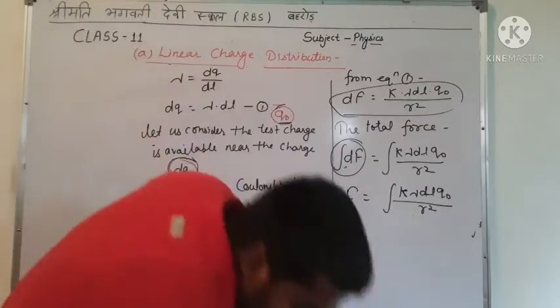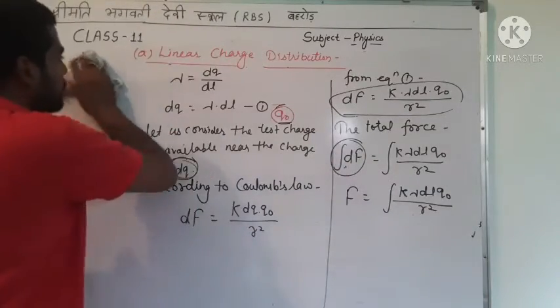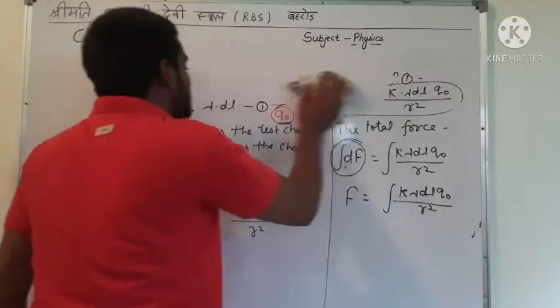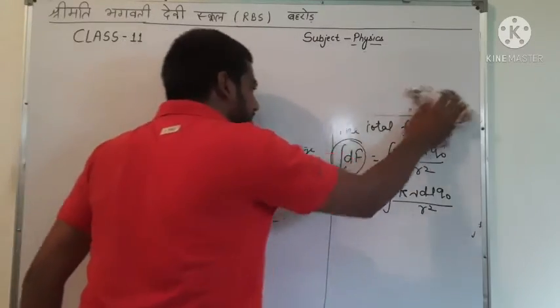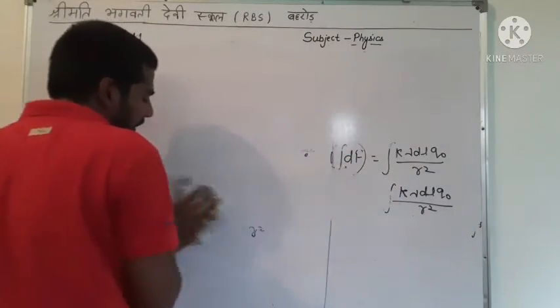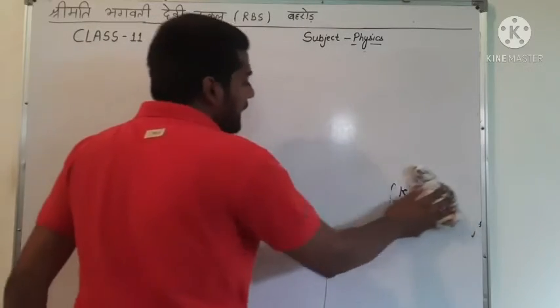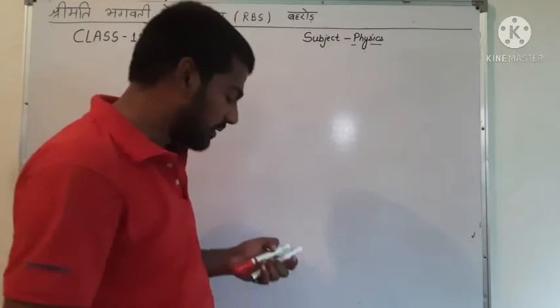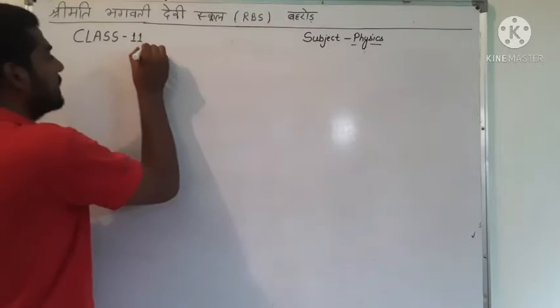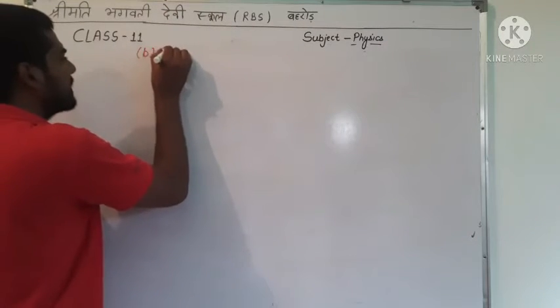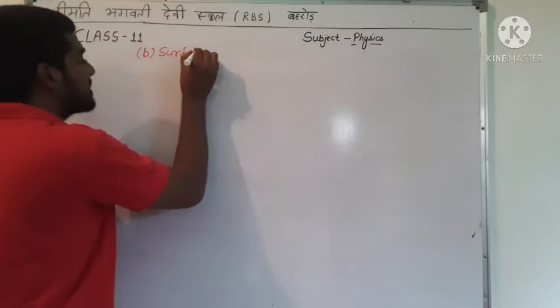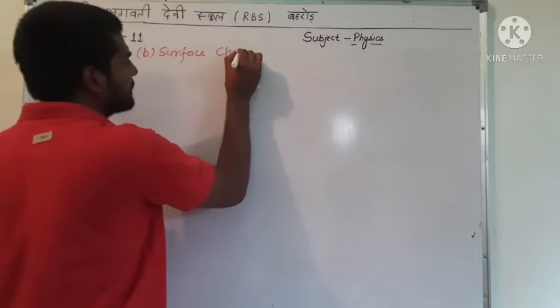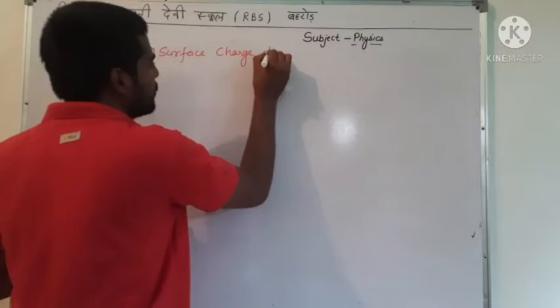The second type of charge distribution is surface charge distribution. What is surface charge distribution? It is similar to linear charge distribution.